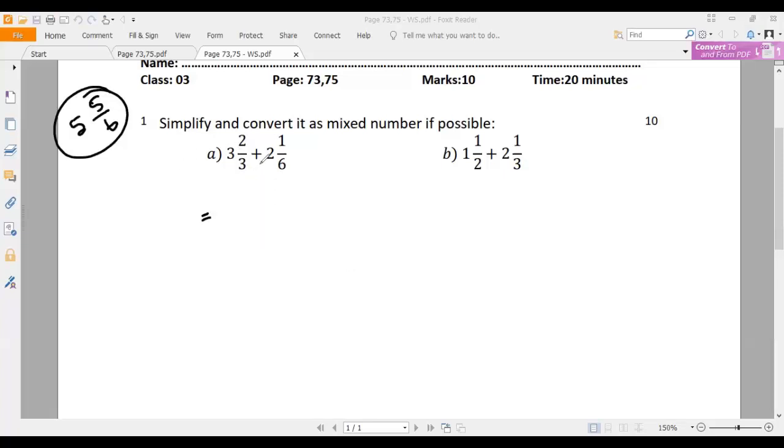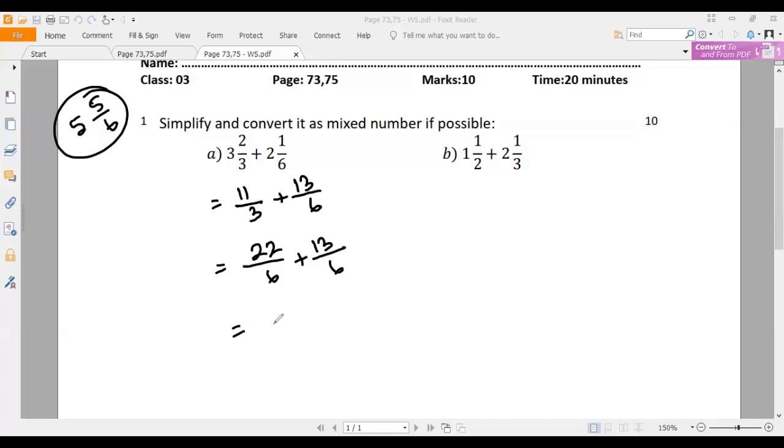And we can solve it another way by converting this into an improper fraction. At first we have to convert this mixed number into an improper fraction. How? Look, 3 3s are 9 plus 2, 11, plus 6 twos are 12 plus 1, 13. Okay. Now convert this fraction to a like fraction by multiplying by 2. 11 twos are 22, 3 twos are 6, plus 13 divided by 6.